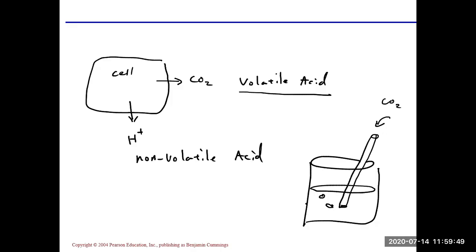However, if you put in hydrochloric acid or vinegar in here, you notice the bubbles are not forming. Why? Because it's dissolving in here. Hydrogen ion can be dissolved in here, no problem. So why are we caring about this? Because when your cells release carbon dioxide, you don't want to create these bubbles.